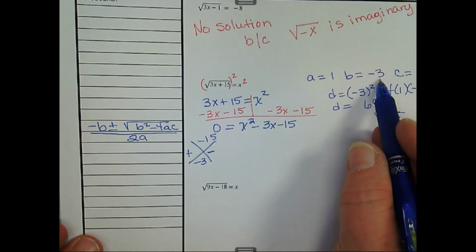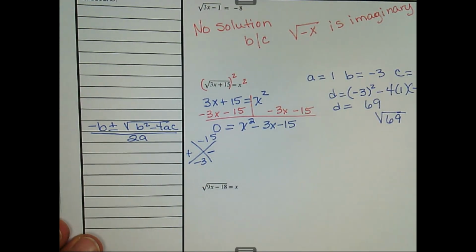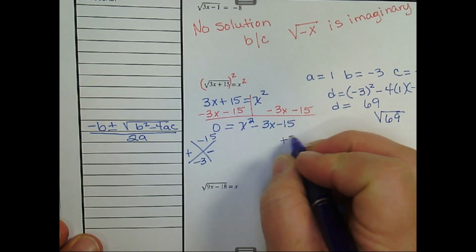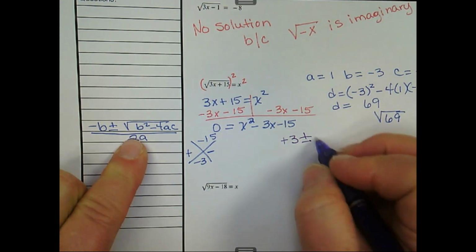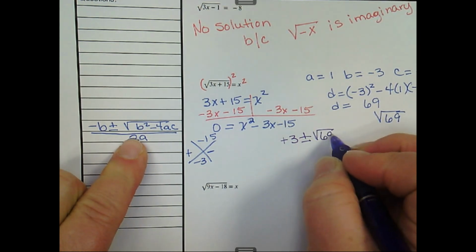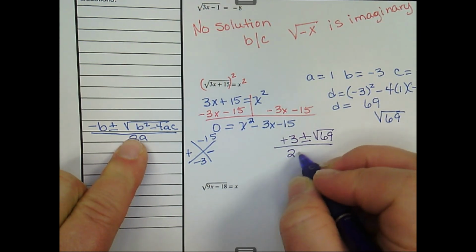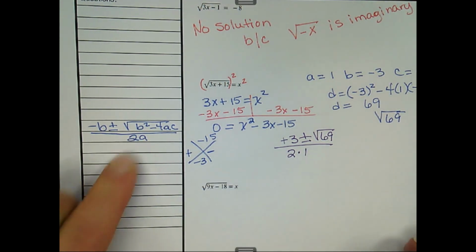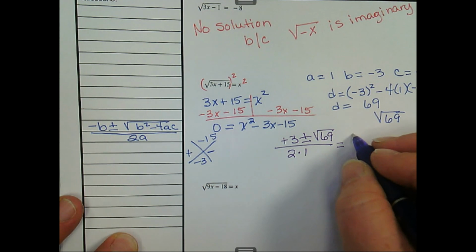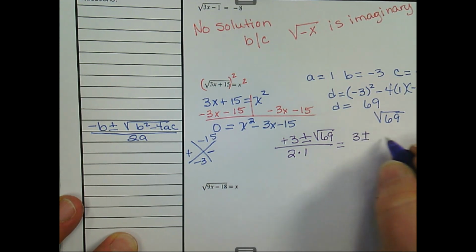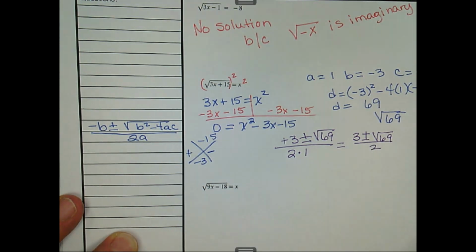The opposite of b, the opposite of negative 3, is positive 3, plus or minus the square root of 69, all over 2 times 1. I can't simplify anymore, so this is 3 plus or minus the square root of 69, divided by 2.